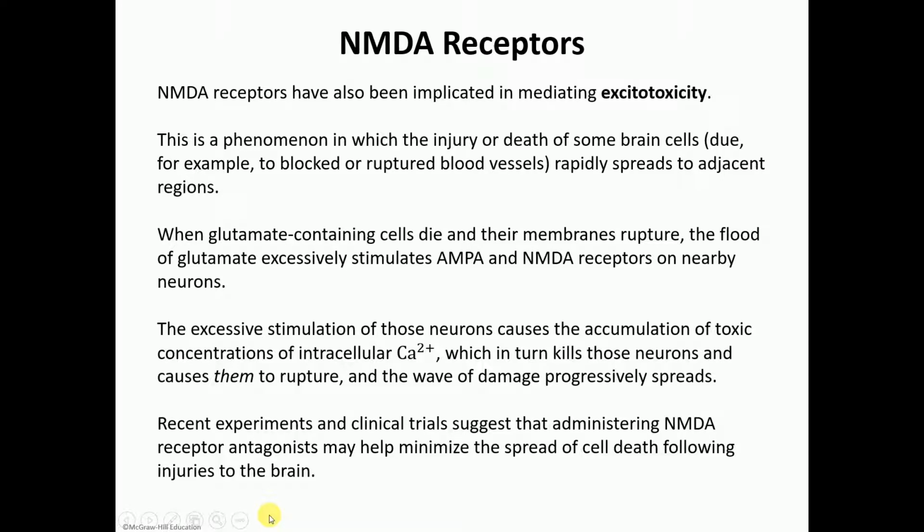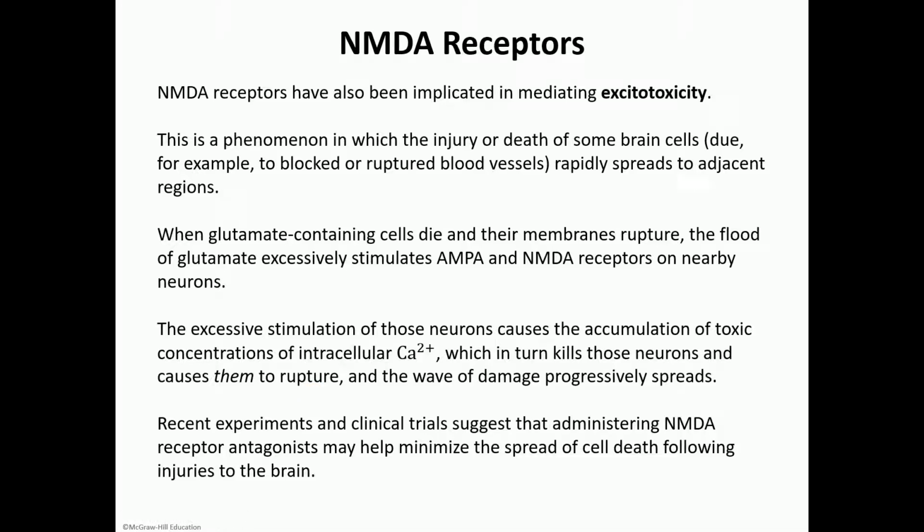So now there's a lot of glutamate in the extracellular fluid. That is going to lead to the overstimulation of AMPA and NMDA receptors. When that happens, a lot of calcium gets into those healthy neighboring cells, leading to their rupture.